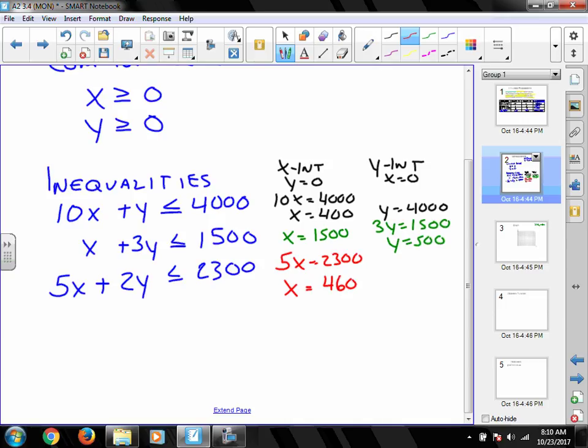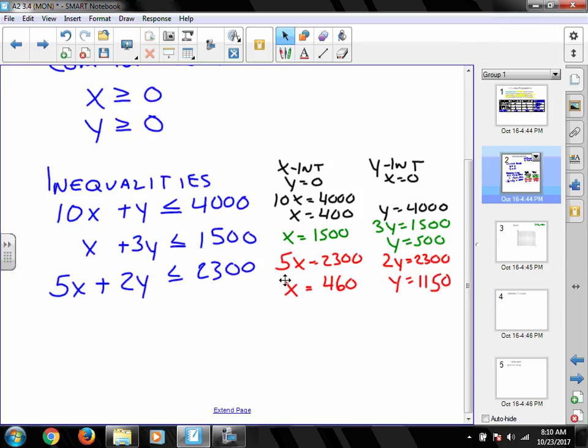If x is 0, I get that 2y is equal to 2300, or y is going to be 1150. Now, I kind of know my big x and y intercepts. I know where they should be.